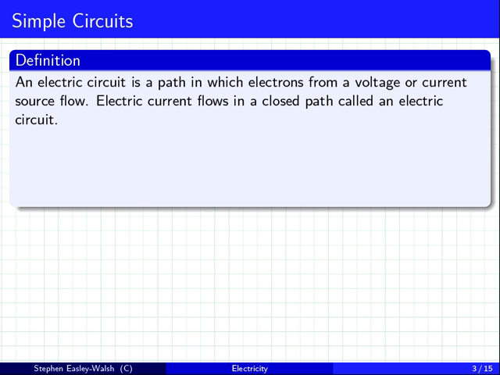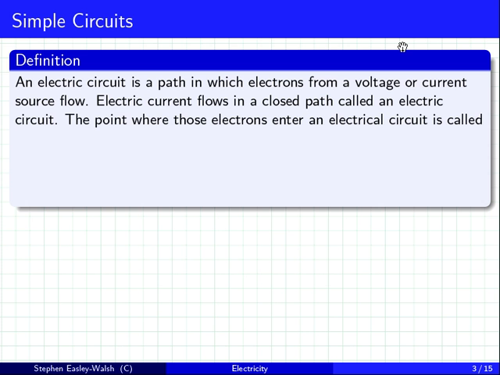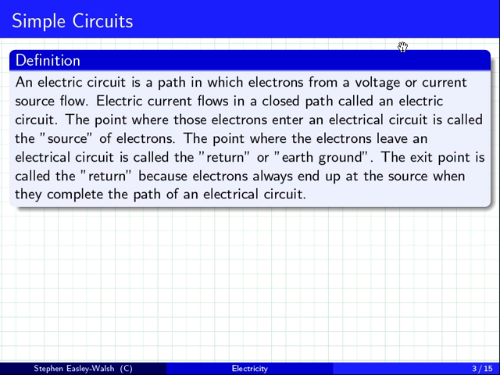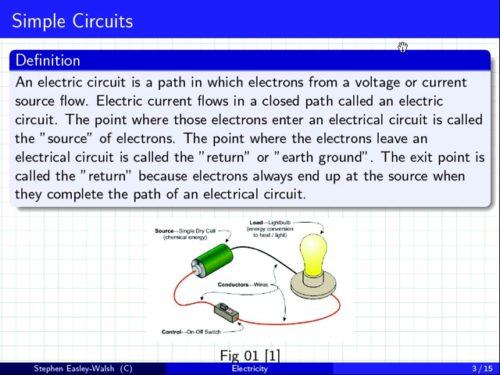So anyways, the point where the electrons enter is called the source, and where they leave is called the return, or the ground. They're called the return because the electrons return to it.